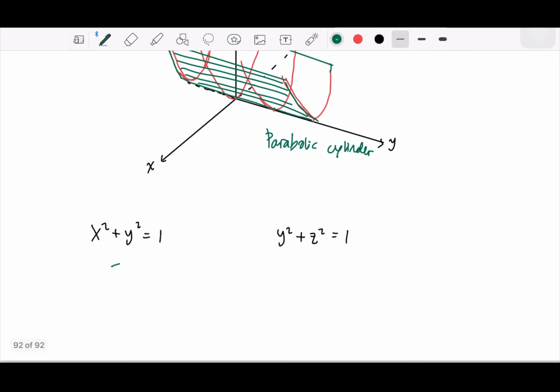So this will be like this, and this will be probably like this. I think this is just the introduction. So we will go further next time.